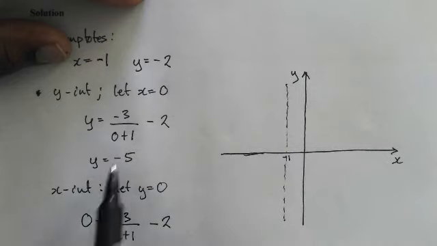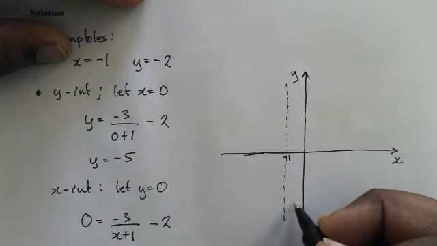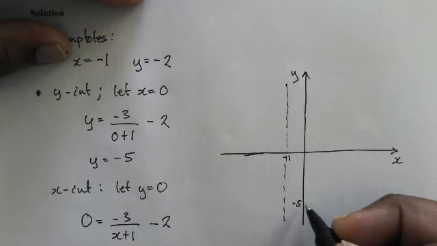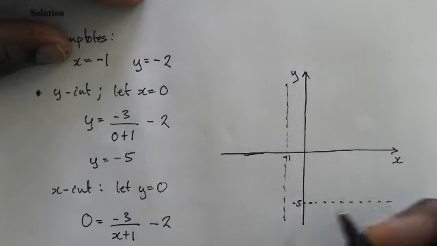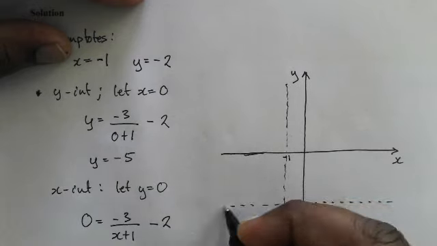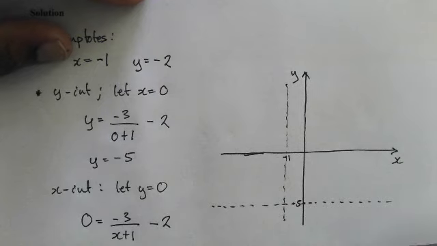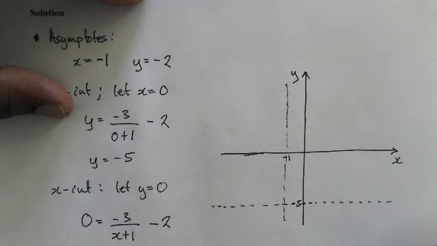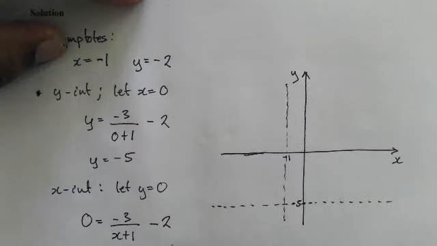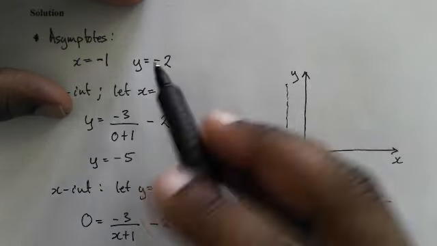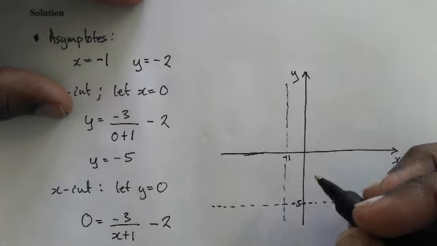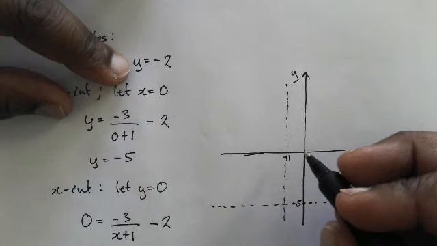The Y asymptote is negative 2, which is further down. So draw that one. Okay, what else do we need? Oh, our Y asymptote is at negative 2. Sorry for that. Y asymptote is at negative 2 there.